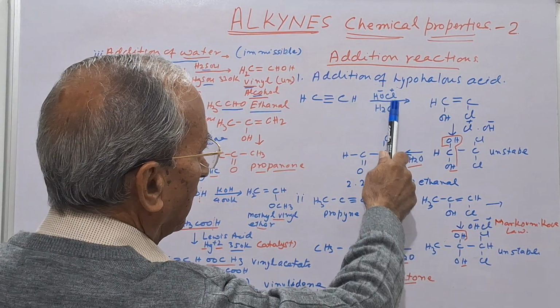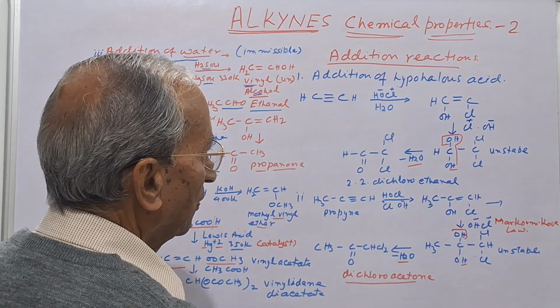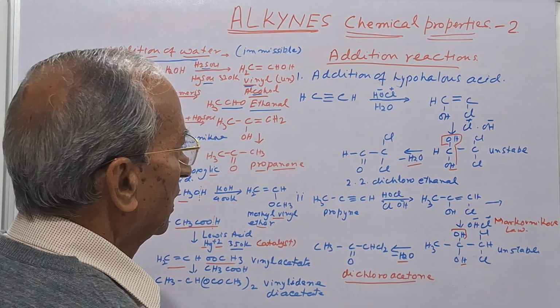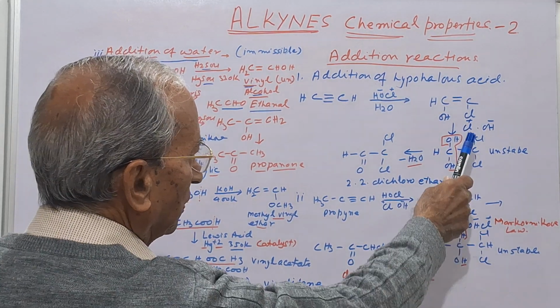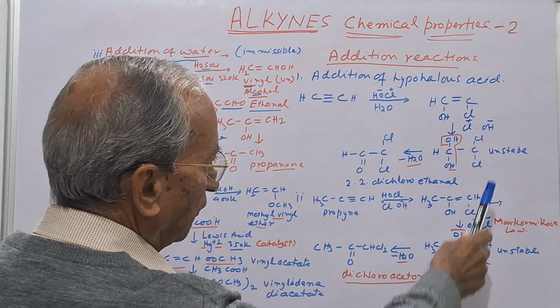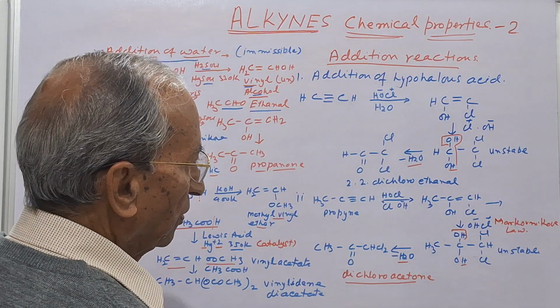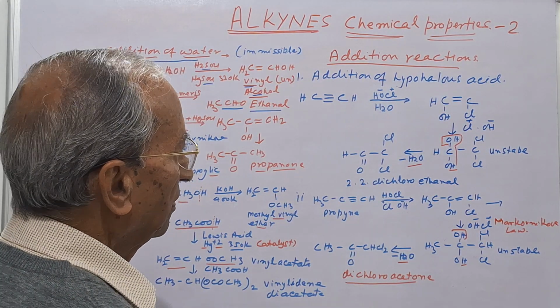First one molecule of HOCl is added by removing one pi bond. Then the second molecule is added by removing the other pi bond, and it forms an unstable compound. Here it follows Markovnikov's law.